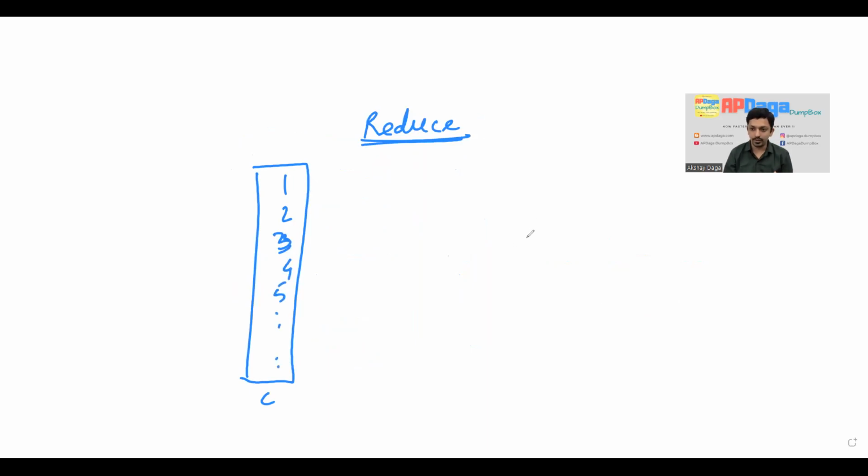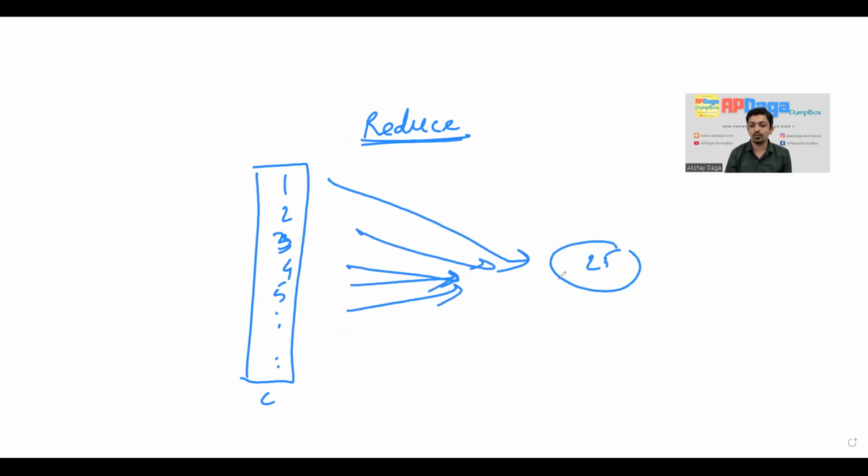Now you want to reduce it with some proper logic. You want output, let's say for our example, the sum of all those elements. So sum will be 25. Why? 1 plus 2 plus 3 plus 4 plus 5. So output will be 25.